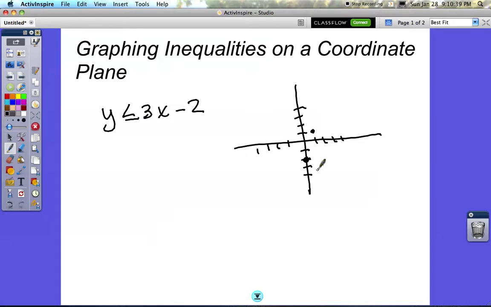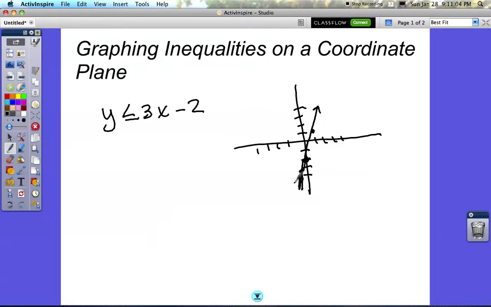Now the next thing that is very, very important is whether it's a dashed line or solid line. Solid. And how do you know? It's equal to. That means that any point on that line will make this true. So I'm going to draw a solid line best I can with my little tablet.